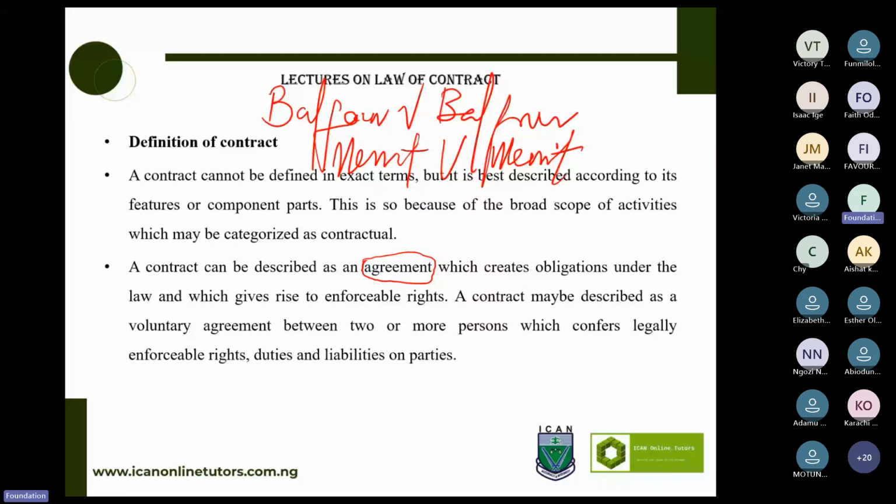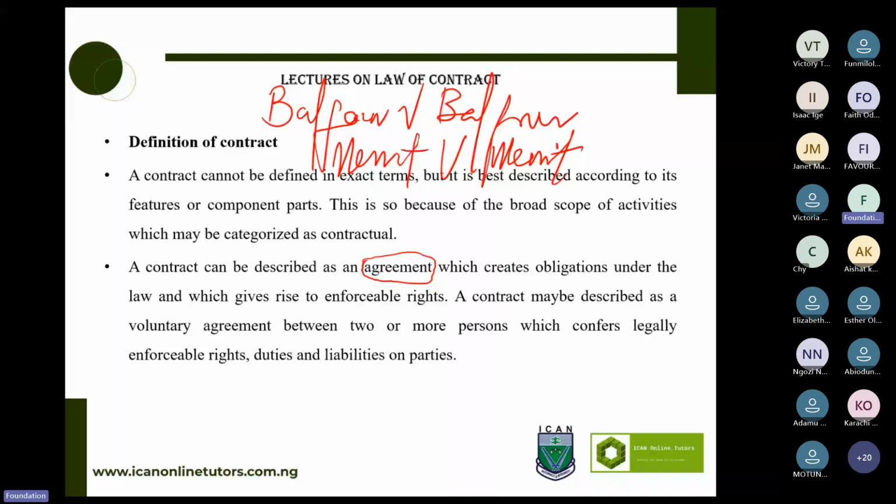In the case between Balfour and Balfour, the husband promised to be sending the wife a certain amount on a monthly basis after divorce. Most times it is called alimony, right? He paid to a level and he stopped paying. So the woman sued but did not win.